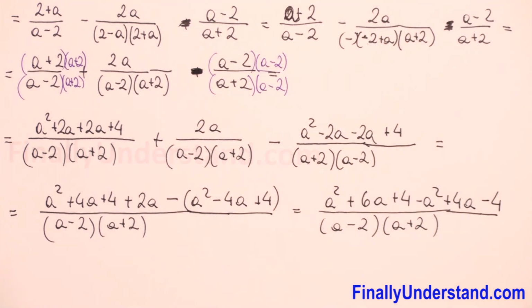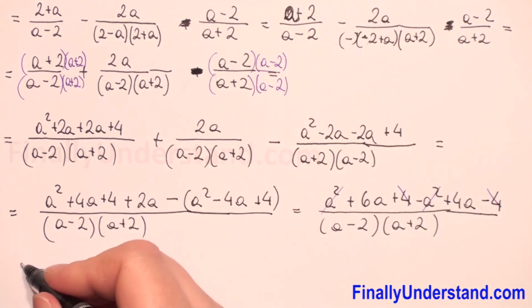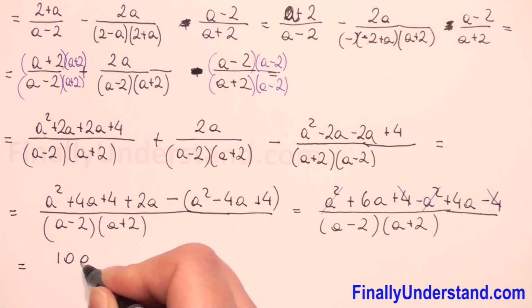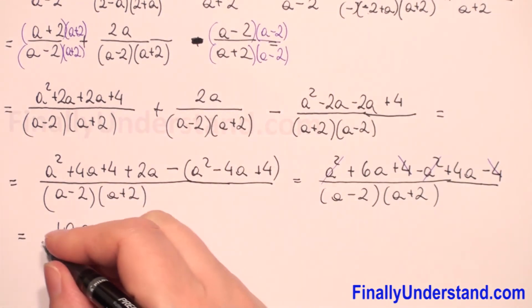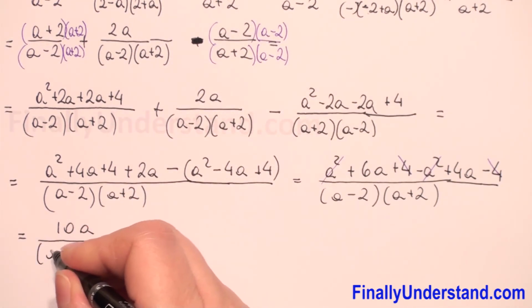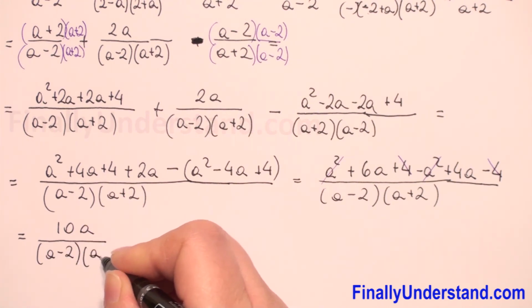So now we see that we can cancel a squared and a squared because we have negative and positive, and 4 with negative 4. So what do we have? 6a plus 4a, so this is 10a over a minus 2 times a plus 2.